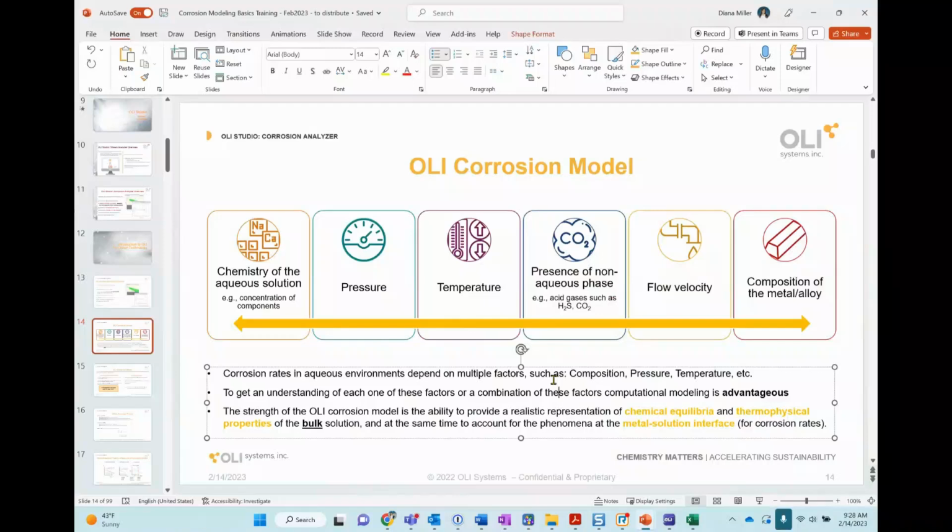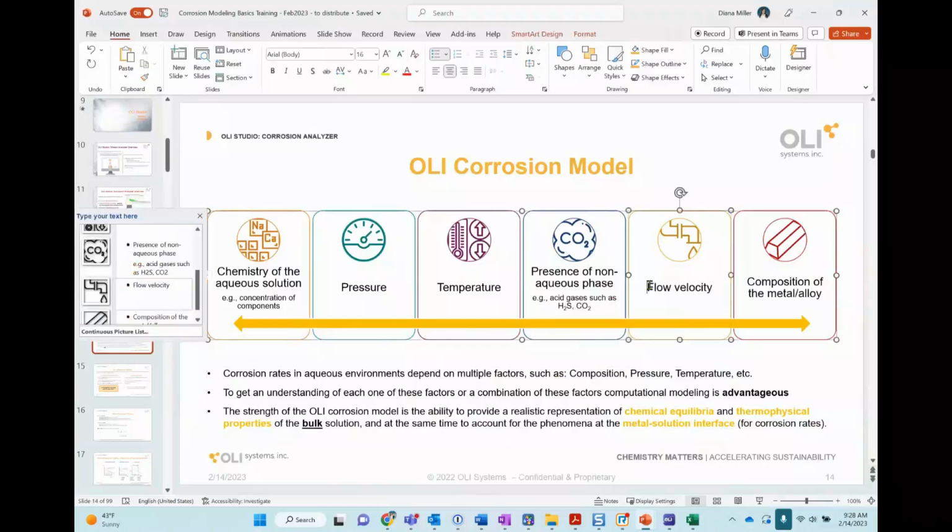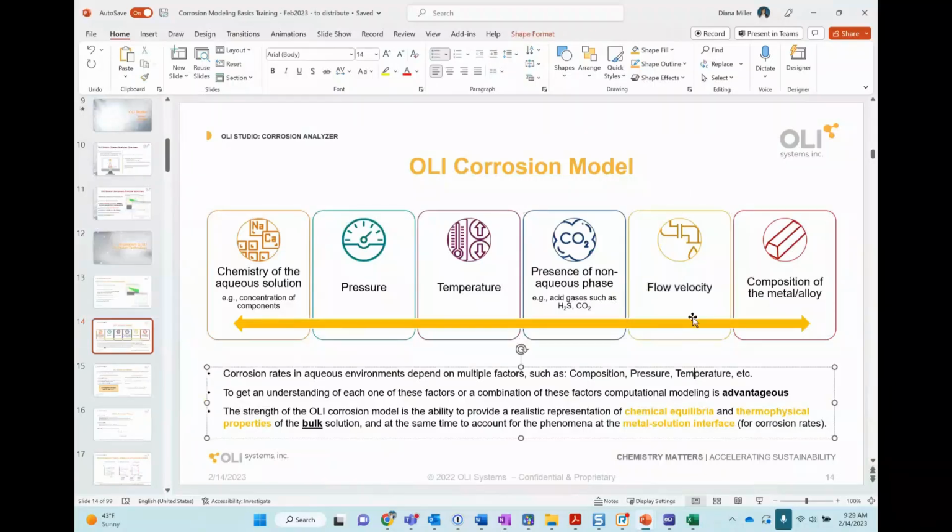Flow velocity is another very important variable when we are studying corrosion rates. The corrosion rate will be higher if you have a flowing condition than a static condition, and all of that has to do with the transport properties, which are important again for corrosion rates.